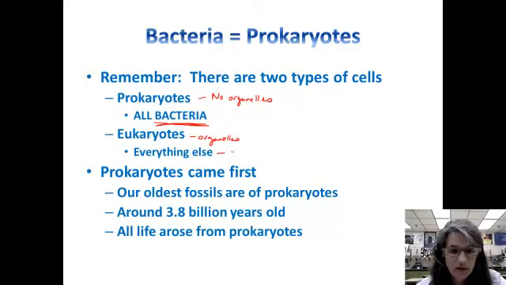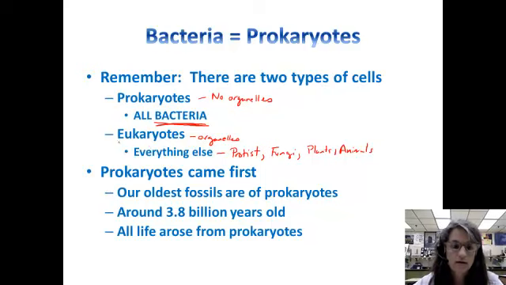Eukaryotes are everything that is not a bacteria. A protist, which is again a bad kingdom, is kind of the catch-all kingdom for every eukaryotic organism that they couldn't put in some other kingdom. Fungi, plants, and animals are all in the eukaryotic group.